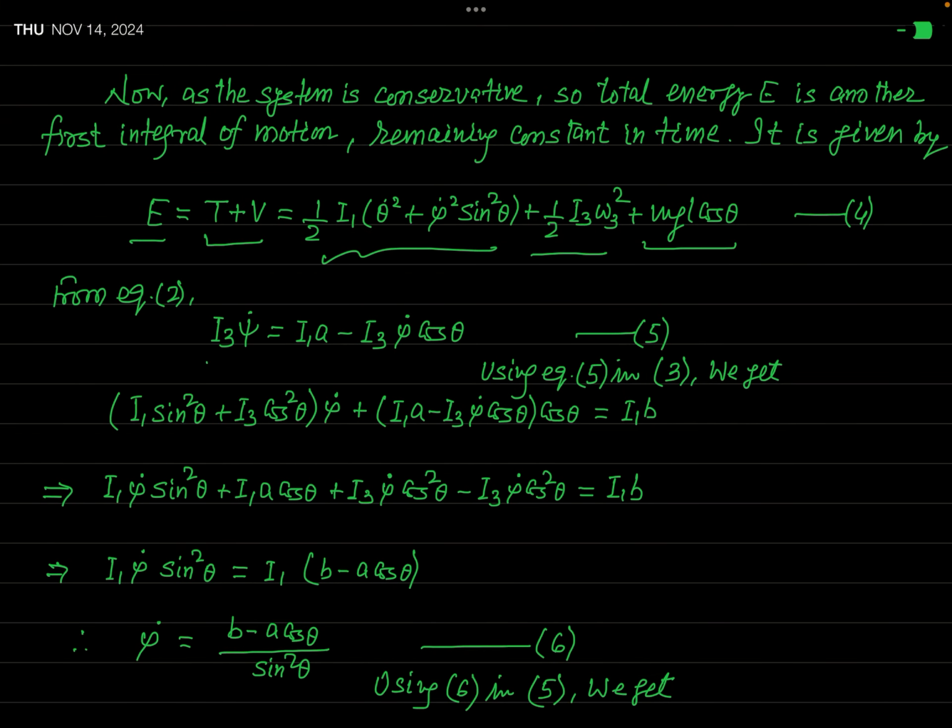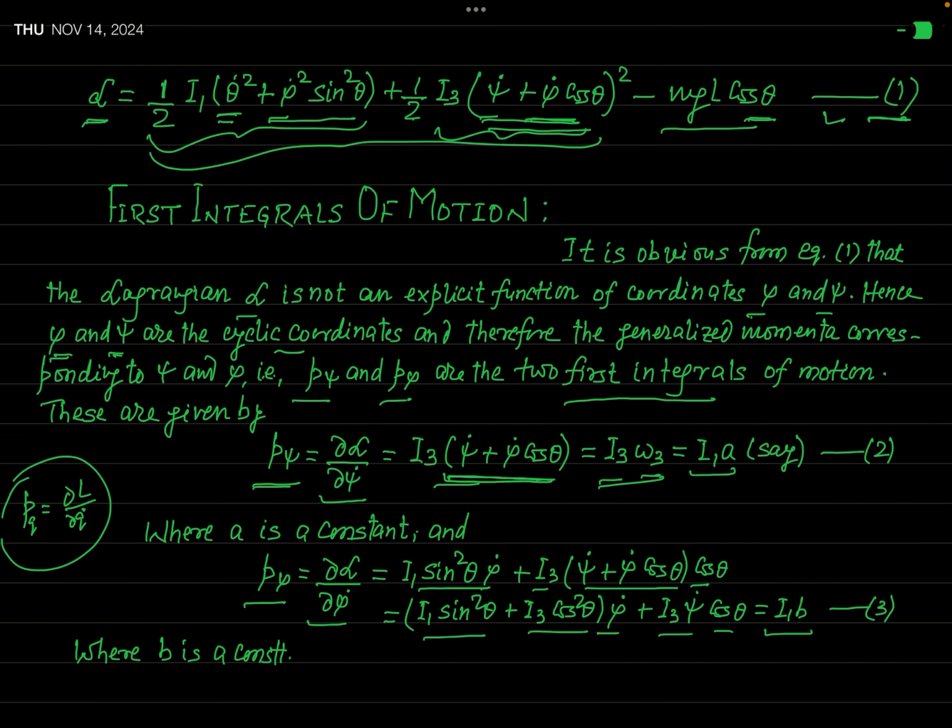So from that equation, I3 psi dot can be written as I1 a minus I3 times phi dot cos theta. Now we will use this equation 5 in equation 3 in place of this I3 psi dot.